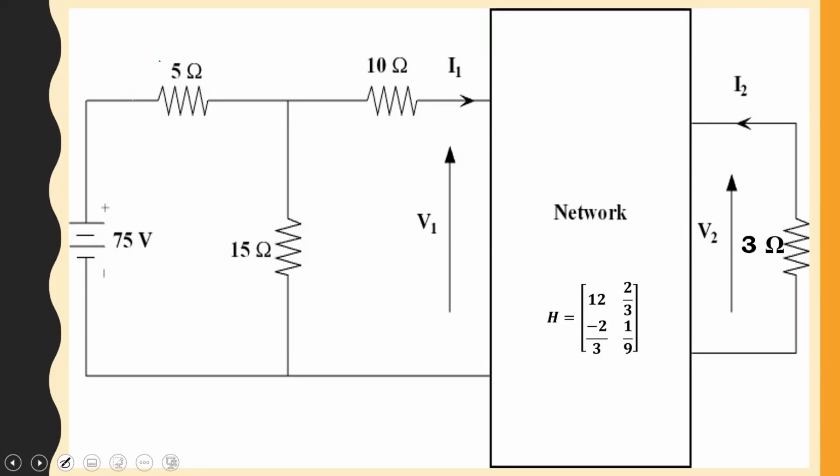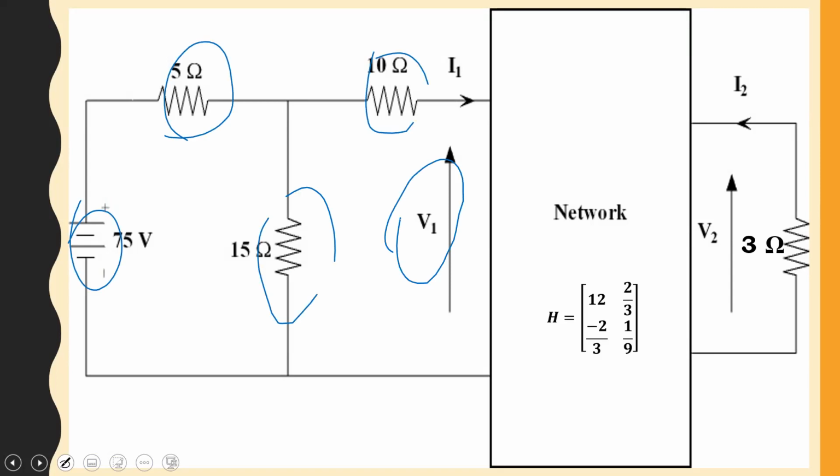Okay? So the hybrid parameters, as we said, deal with input and output. So we're dealing with V1 and I2. But before we get there, we have to find an expression that links our source and these resistors to V1 and I1.